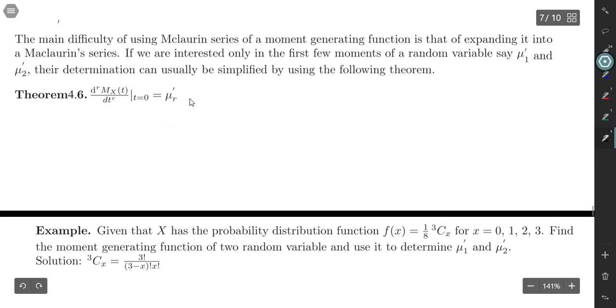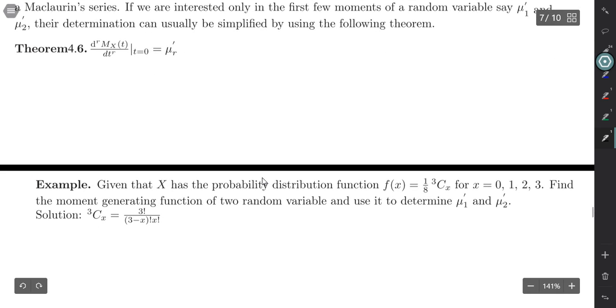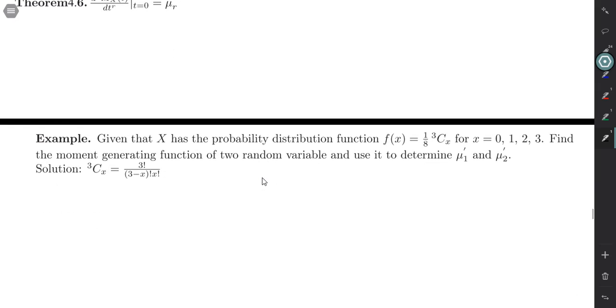If you need the rth moment about the origin, you can easily find it by taking the rth derivative with respect to t of your moment generating function and then setting t equal to 0. Again, you take the moment generating function, find the rth derivative with respect to t, not with respect to x, and in the answer you set t equal to 0, and that will give you the rth moment about the origin. Okay, so let's try an example and see how we can use this theorem 4.6.